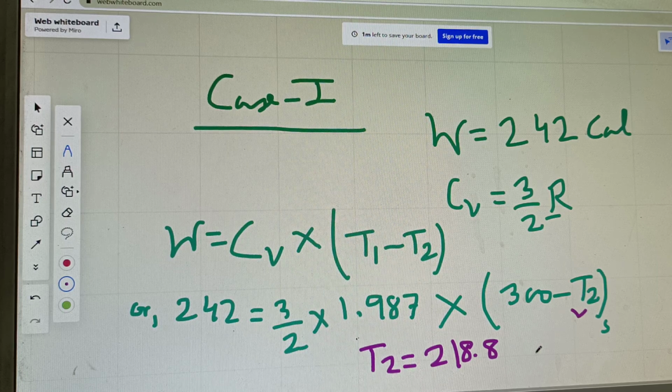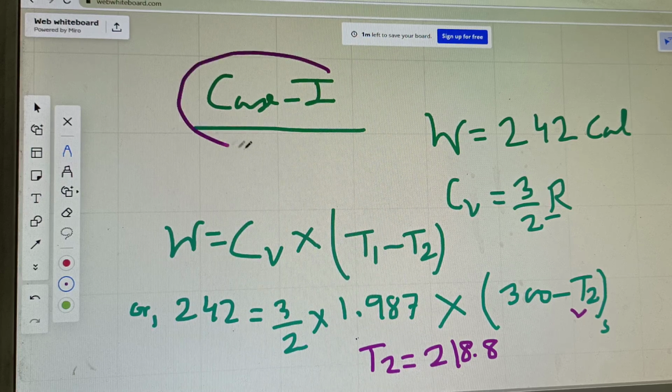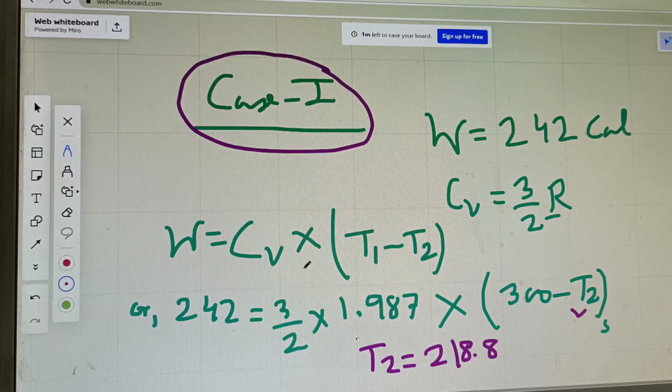Approximately you can take 1.987 as approximately 2, so the 2 cancels out.